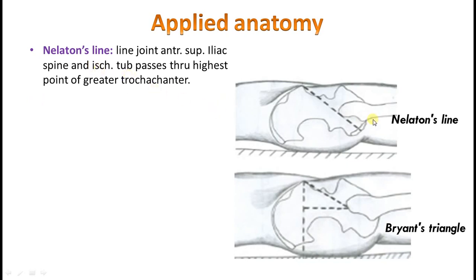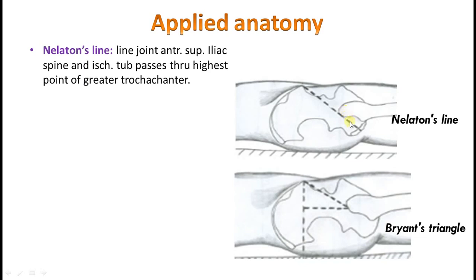Nelaton's line. If you draw a line from the anterior superior iliac spine to the ischial tuberosity, it should pass through the tip of the greater trochanter. If the greater trochanter lies well above the line, or well below this line, then that indicates that there is a fracture in the neck, or most commonly the fracture of the neck.